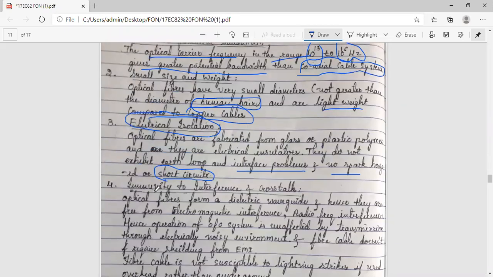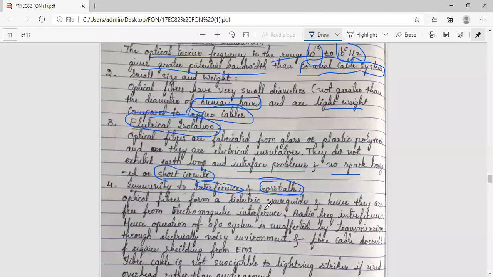Fourth one, immunity to interference and crosstalk. You know what crosstalk is? Many times you might have experienced, when you make a call over the phone, landlines I'm talking about, mostly through coaxial cables in earlier days, whenever you dial a specific number, due to some malfunctioning, the call gets connected to another person.